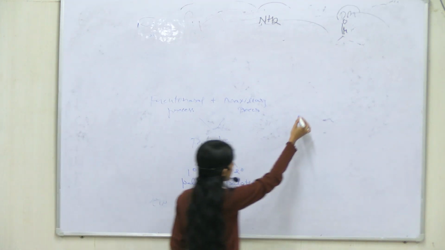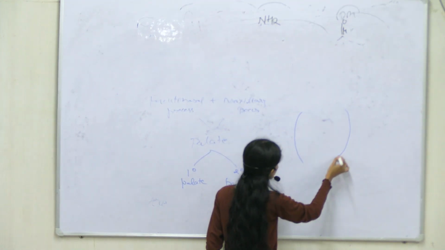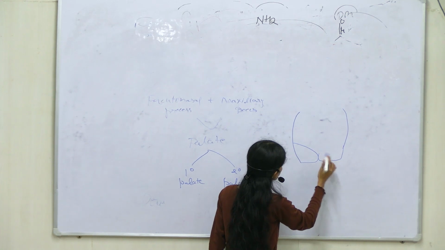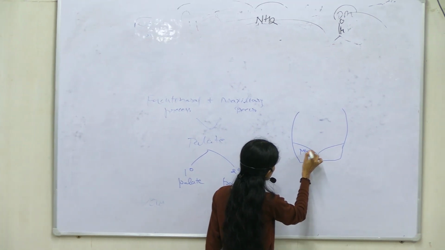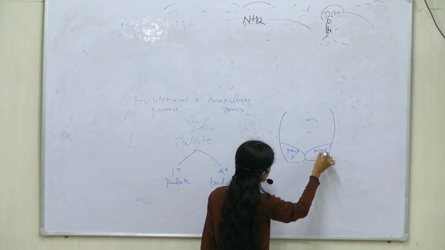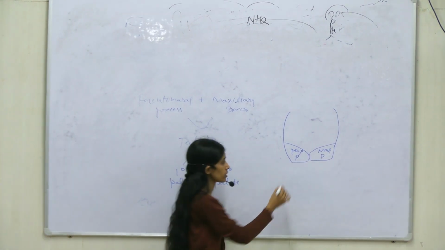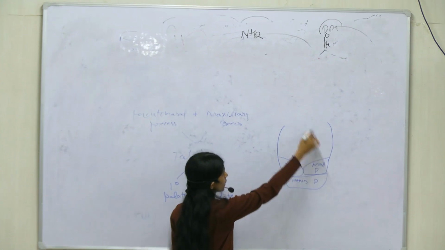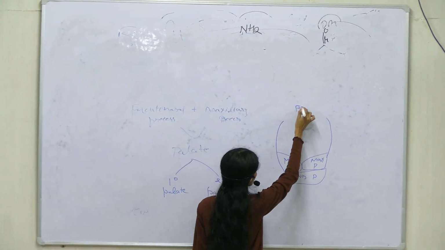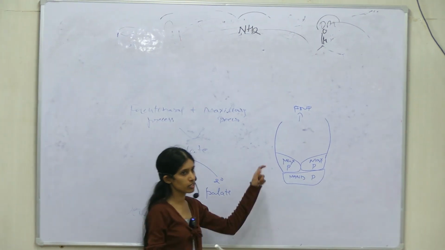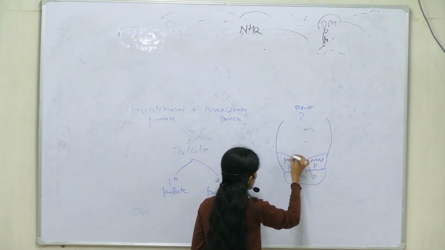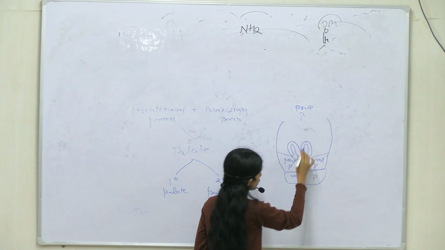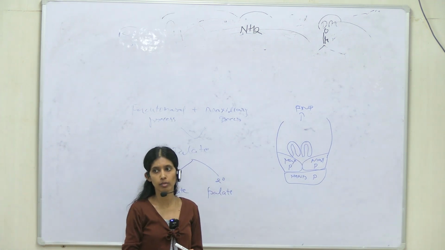So now I will draw the rough diagram. Imagine this is your maxillary process present on both the sides, and here we have mandibular process, and this entire part is your frontonasal process. What are the structures we see in the frontonasal process? So, I will draw only the medial and lateral nasal process, okay.